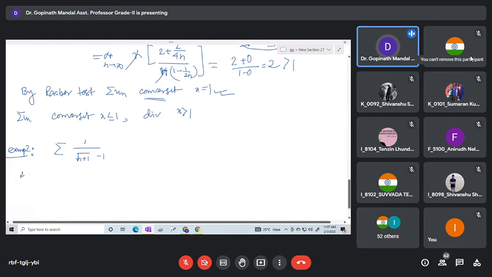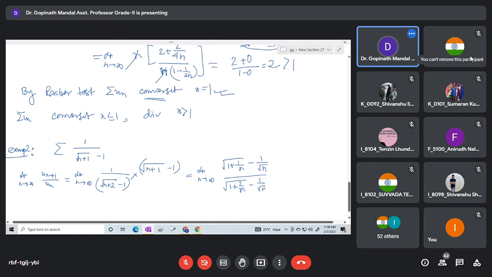What is limit n tending to infinity of un plus 1 by un? un plus 1 is 1 by root n plus 2 minus 1, divided by un, so it becomes 1 plus 1 by n minus 1 by root n, dividing above and below by root n, and this will be 1 plus 2 by n minus 1 by root n.